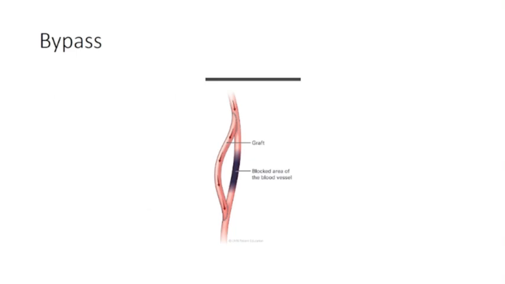We may harvest his or her own vein and do an open bypass like this, or we can put a balloon and dilate the vessel, do an angioplasty. Then you can do a proper debridement after revascularization and continue wound care until the wound heals.